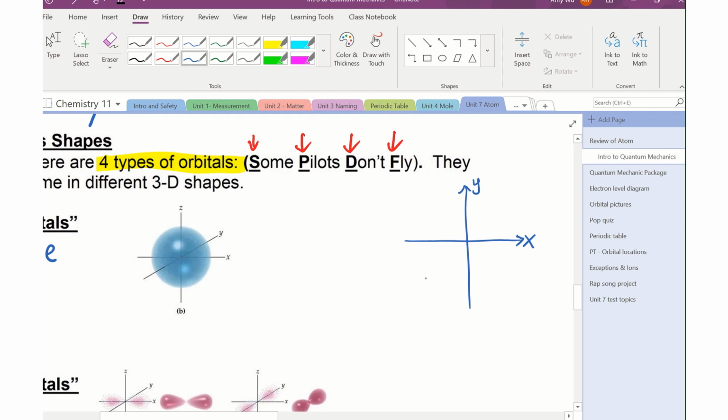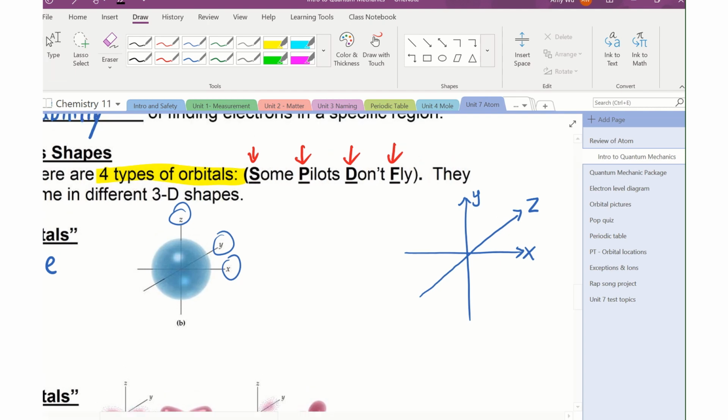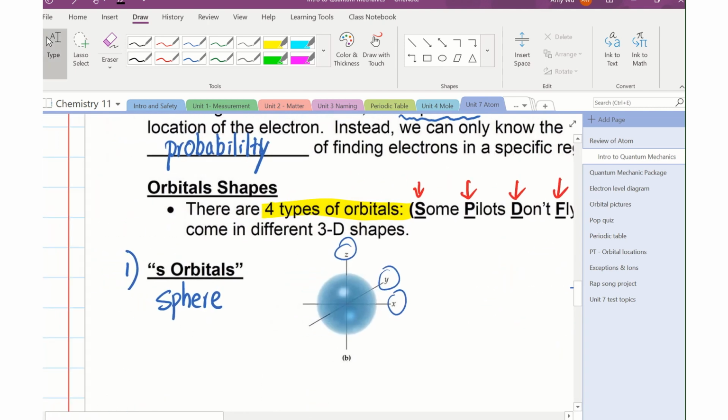That's where the third axis comes in, the Z axis. It doesn't matter how you orient X, Y, and Z, but they are perpendicular to each other. X and Y are perpendicular, and you can think of the Z axis as pointing out towards you. With three axes, you're able to draw a spherical shape.